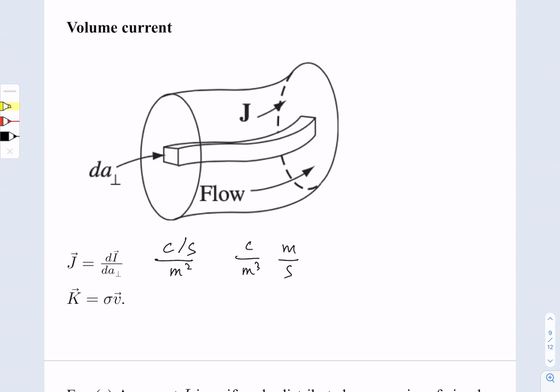So J equals rho v. Here this is the charge density, and this is the speed of that charge density. So you can also think of a volume current as a volume charge that's moving with velocity v.